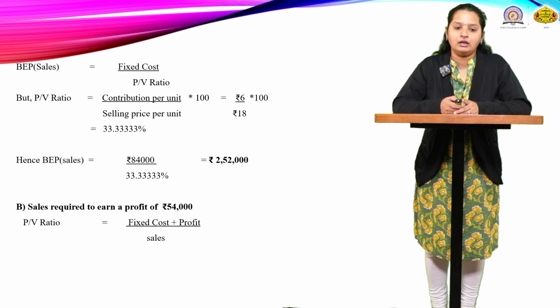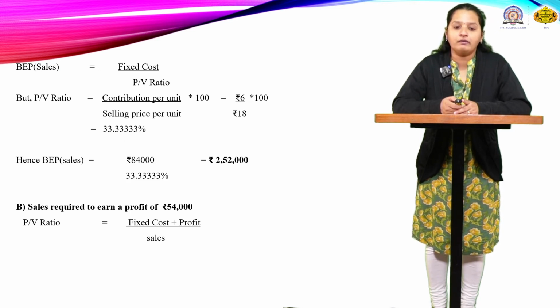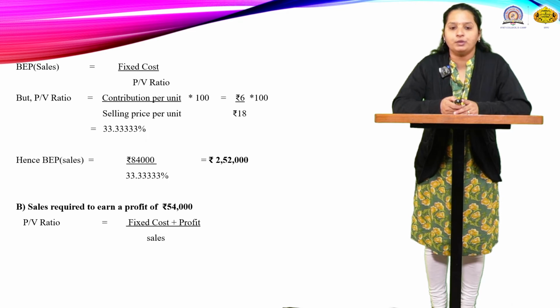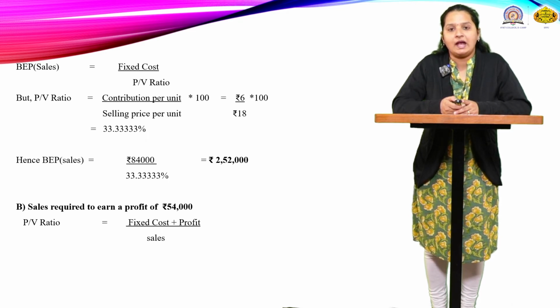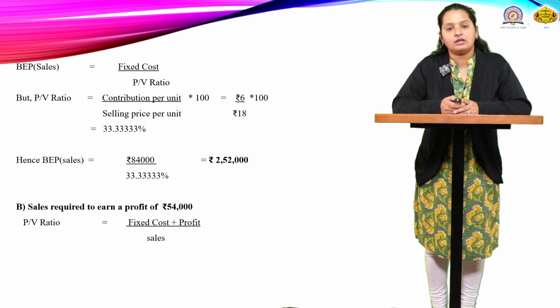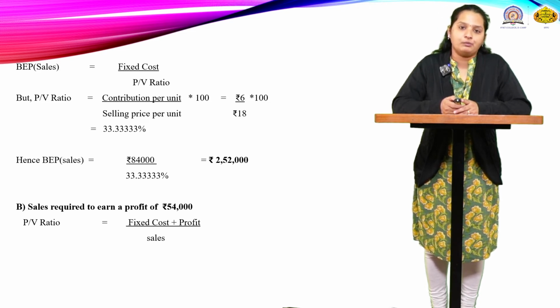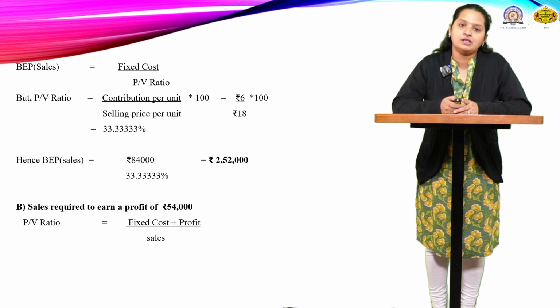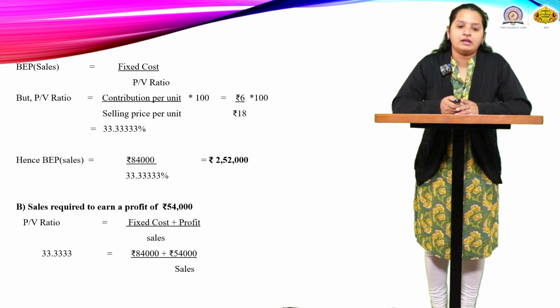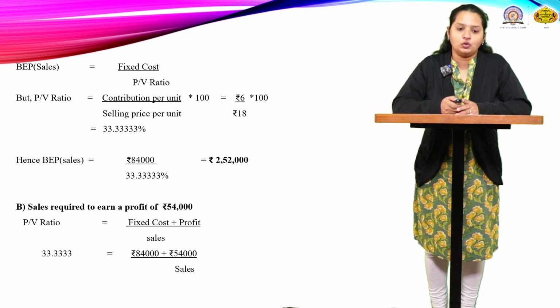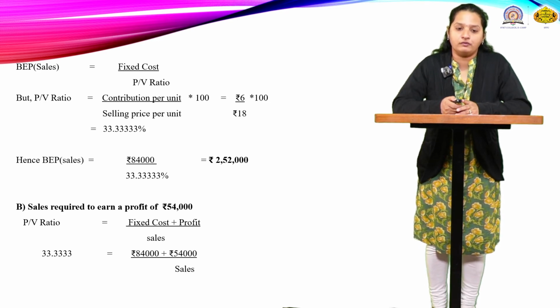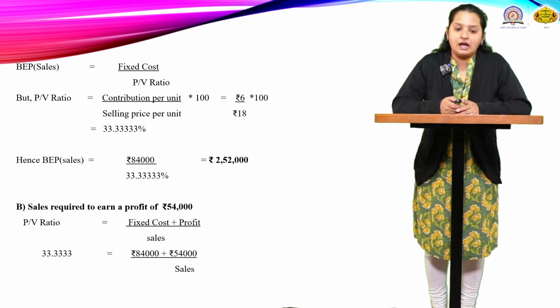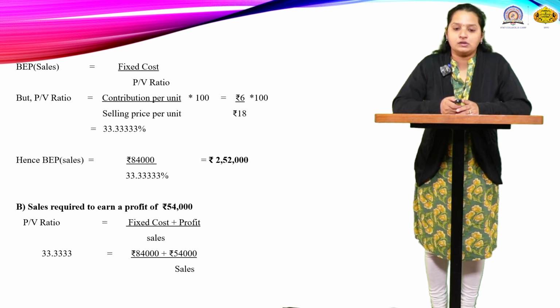Then the second requirement, which is sales required to earn a profit of rupees 54,000. So, we have again the PV ratio. To calculate the contribution, we can use the formula: fixed cost plus profit is equal to our contribution. So PV ratio is equal to contribution upon sales. In our example, 33.33% is equal to fixed cost, which is rupees 84,000, plus the desired profit, which is rupees 54,000, upon sales, and we are required to calculate the sales value.